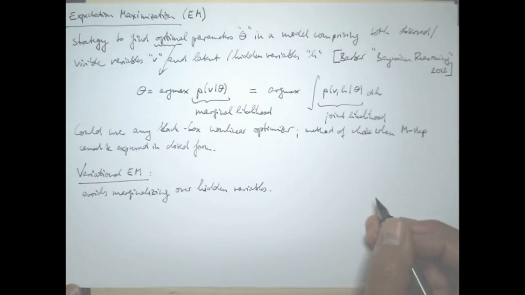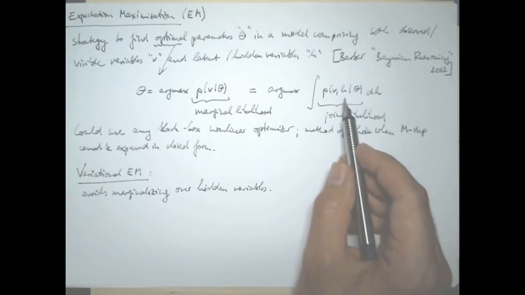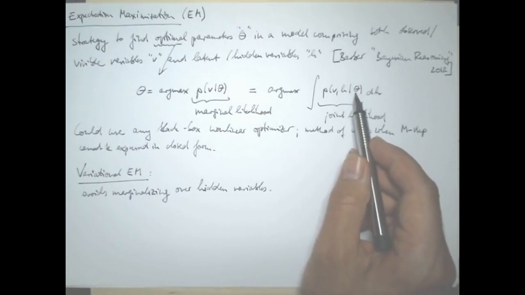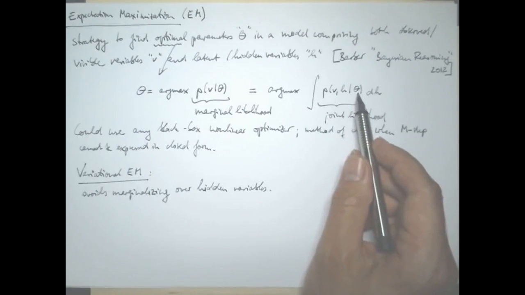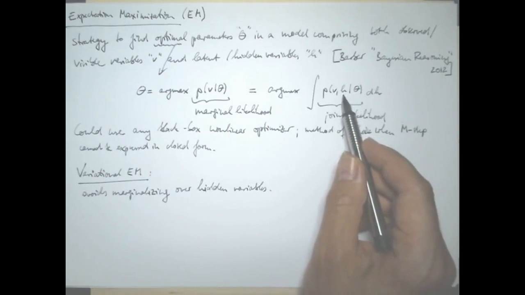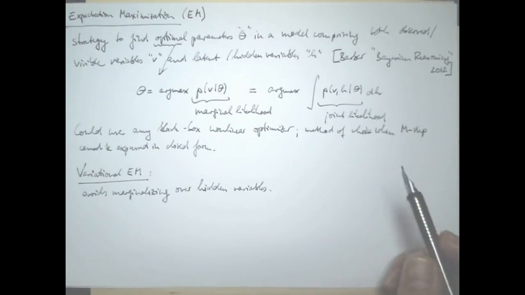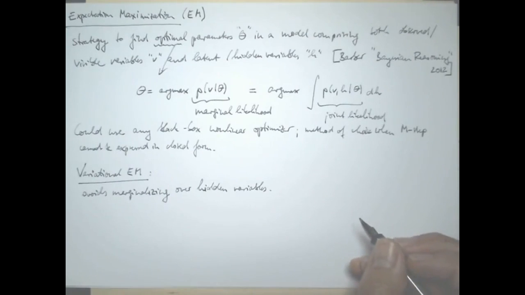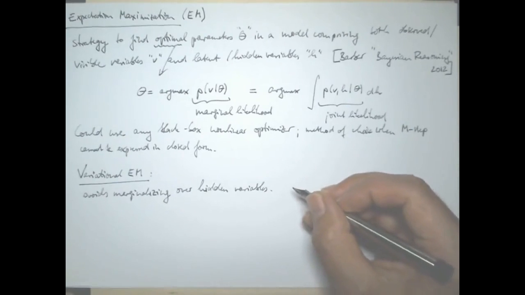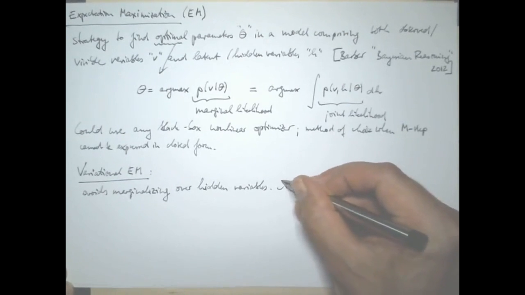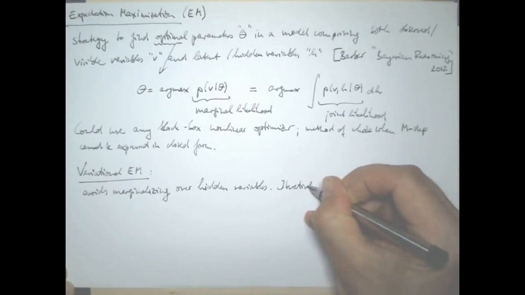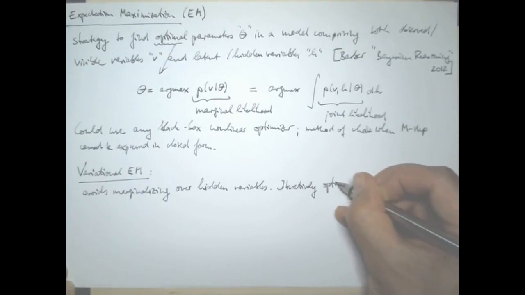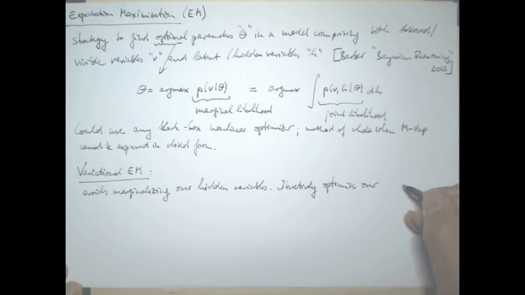Instead, we will try and estimate the hidden variables given some starting value for the parameters, and then given this new estimate of the hidden variables, we will re-estimate the parameters, and so on. So we iteratively optimize over the hidden variables, or the probabilities of these hidden variables, and the parameters instead.